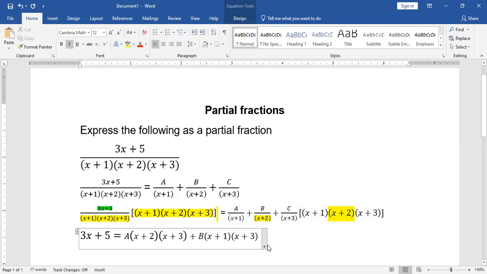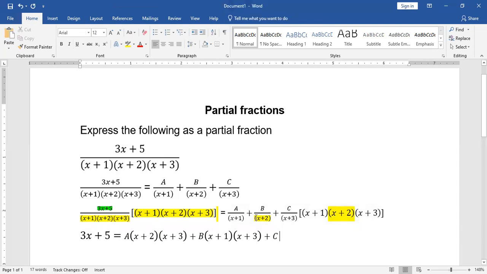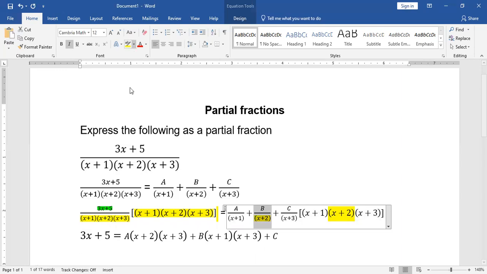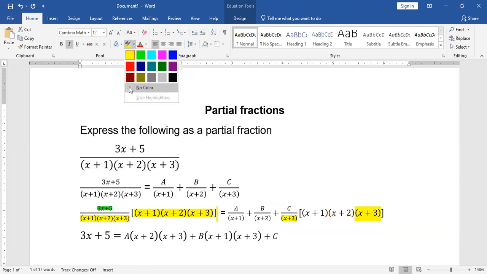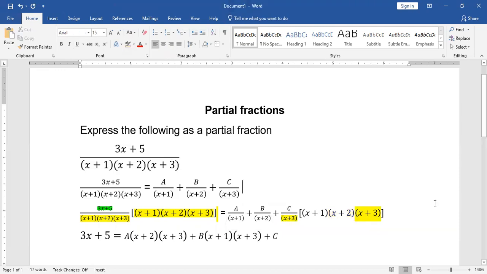In the same manner, as we go to C, the denominator for C, which is x plus 3, and x plus 3 there will cancel.